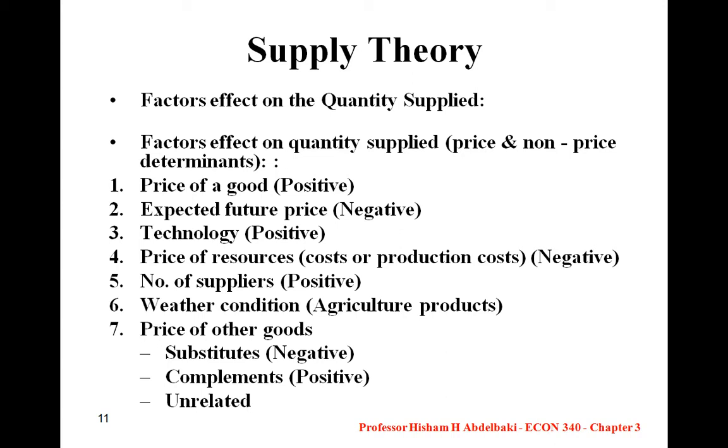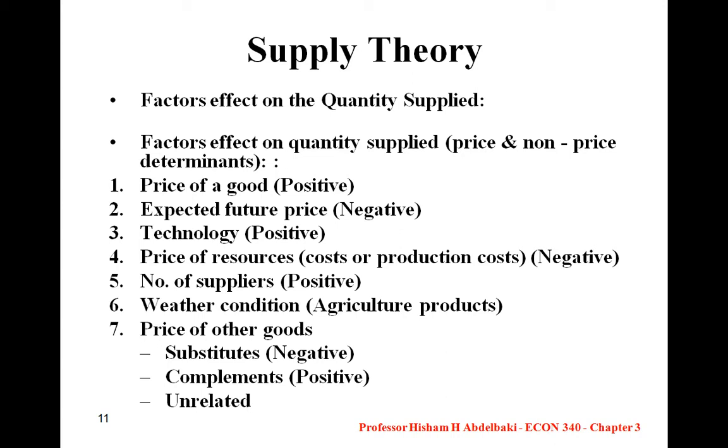If the price of resources increases, total cost will increase, so profit will decrease. So it's better for you as a seller to decrease your supply to avoid more reduction in your profit. Negative.